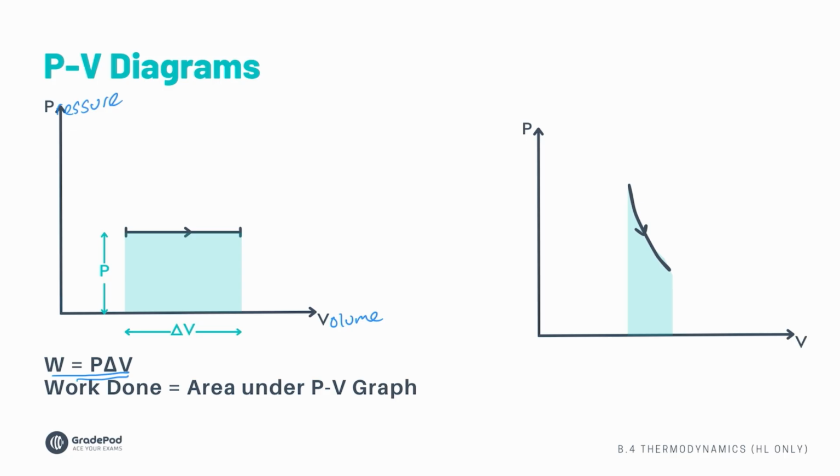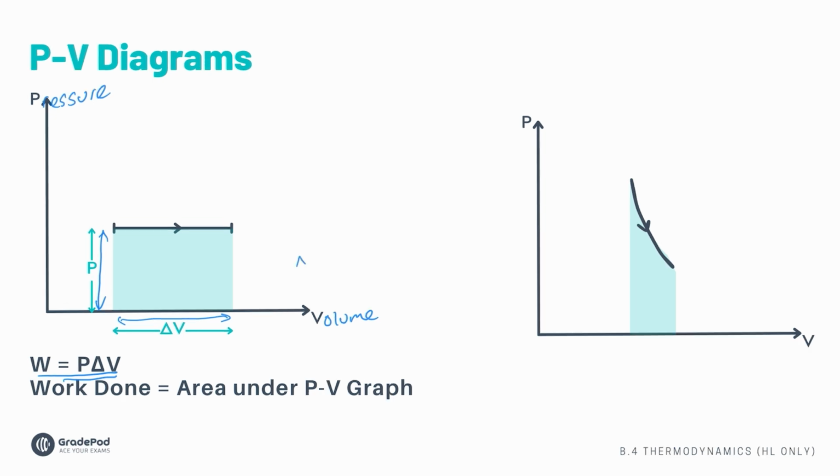If we look at this first graph here, this length of the rectangle is pressure, this length of the rectangle is change in volume, and if you wanted to find out the area of that rectangle, you would do length times breadth, which is pressure times change in volume.